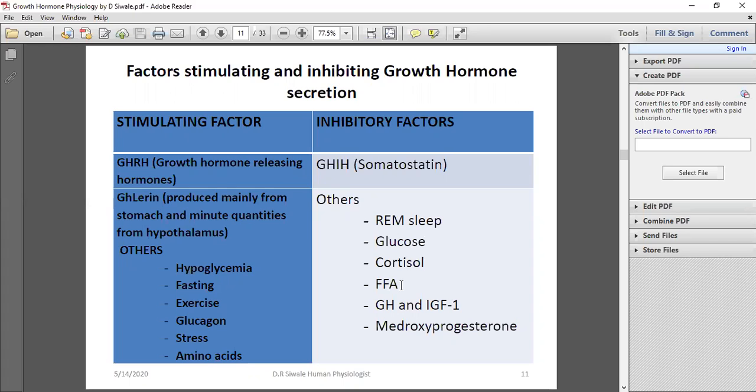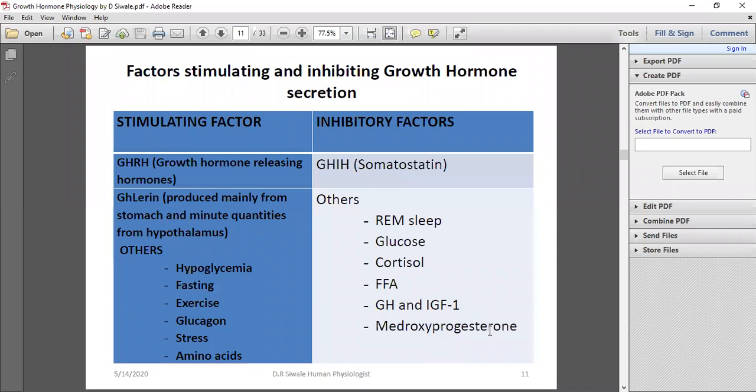This is FFA, free fatty acids. Growth hormone itself, by a negative feedback mechanism, and IGF-1, insulin-like growth factors, also inhibit growth hormone secretion. And then there's medroxyprogesterone, which also inhibits.